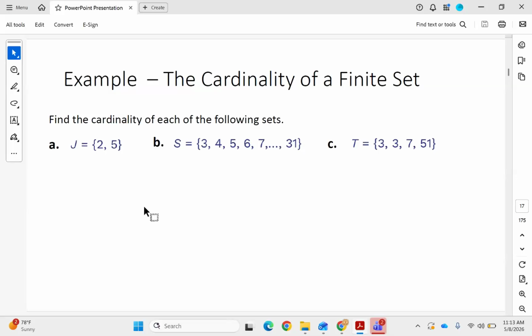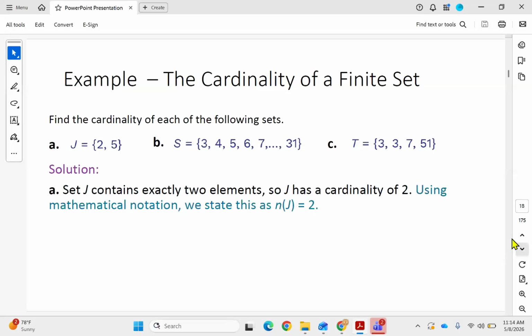And then here, let's find the cardinality of these sets. So J, the cardinality would be 2 because it has 2, 2 and 5. B, now B is kind of tricky. Do you notice that we have the dot, dot, dot? Often we don't write down the entire list of numbers, and we just put the dot, dot, dot, meaning that it follows the same pattern. So how many numbers do you have between 3 and 31, including 3 and 31?